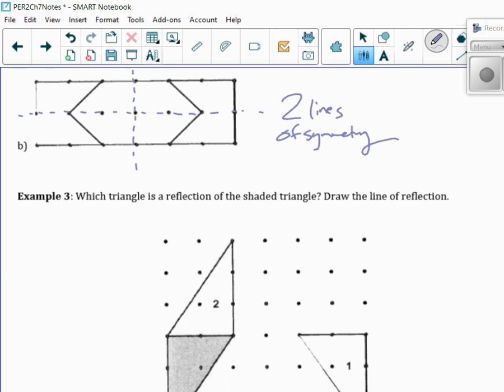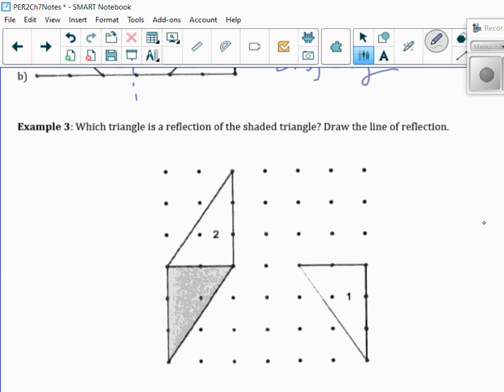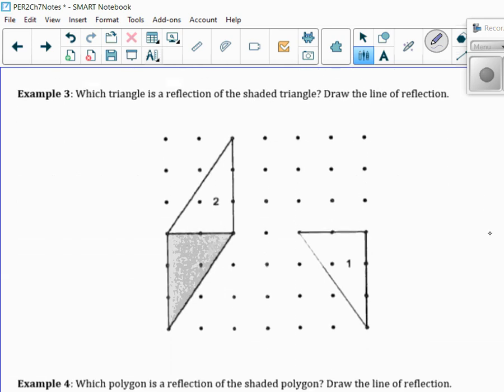All right, so it's saying which triangle is a reflection of the shaded triangle, and then you're supposed to draw the line of reflection. So here is the shaded, and then we have triangle 1 and triangle 2. So let's look at triangle 1. If I were to put a mirror right here, does everybody see that the distance and everything would be exactly the same?